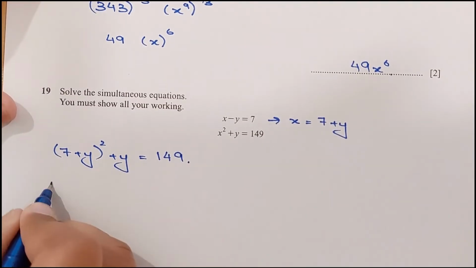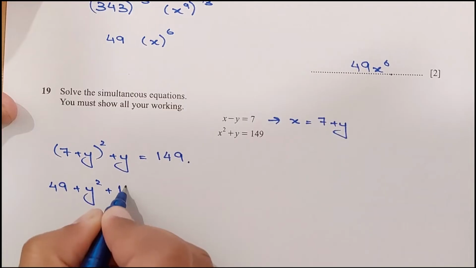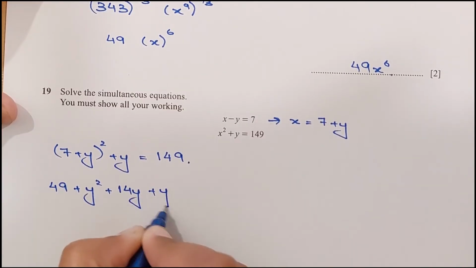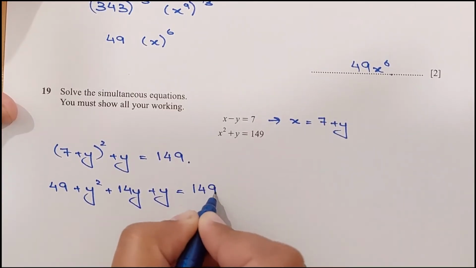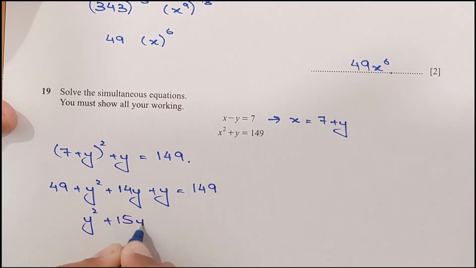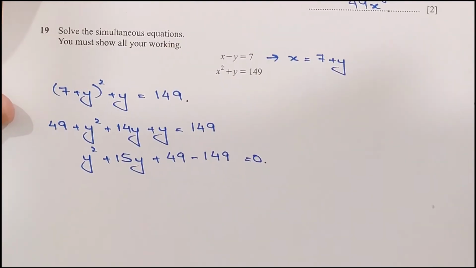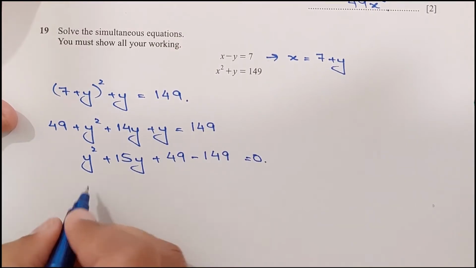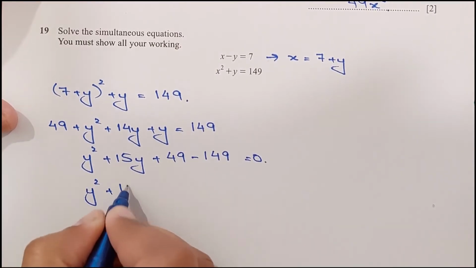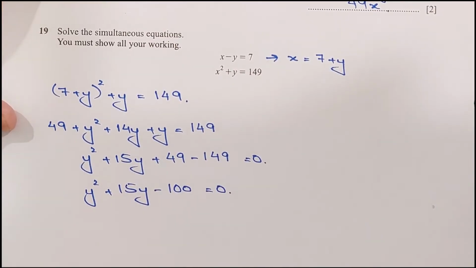So 7 square is 49, plus 2 times 7 is 14y plus y square, plus y equals 149. So we have y square plus 15y plus 49 minus 149 equals 0, right? From 149 subtract 49 is just 100. y square plus 15y minus 100 equals 0.